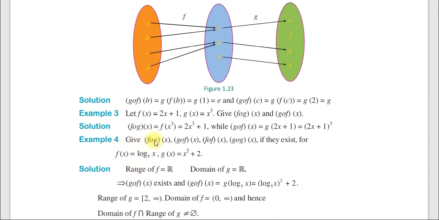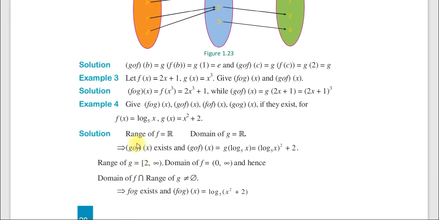Another example: give f∘g of x and g∘f of x, if they exist, for f of x equal to log x in base 5 and g of x equal to x squared plus 2. How do we find them when given in this form? First let's determine range and domain. The range of f is the real numbers and the domain of g is the real numbers, so f∘g of x exists. And g∘f of x is g of log x in base 5, which is (log x in base 5) squared plus 2.